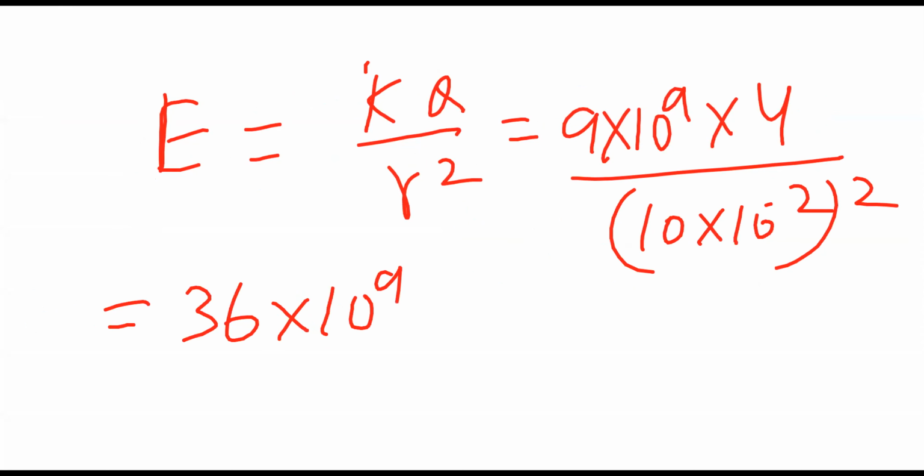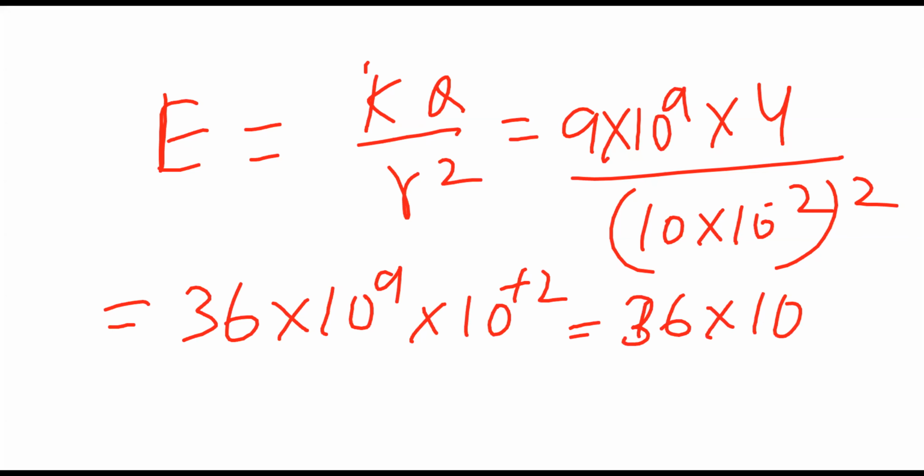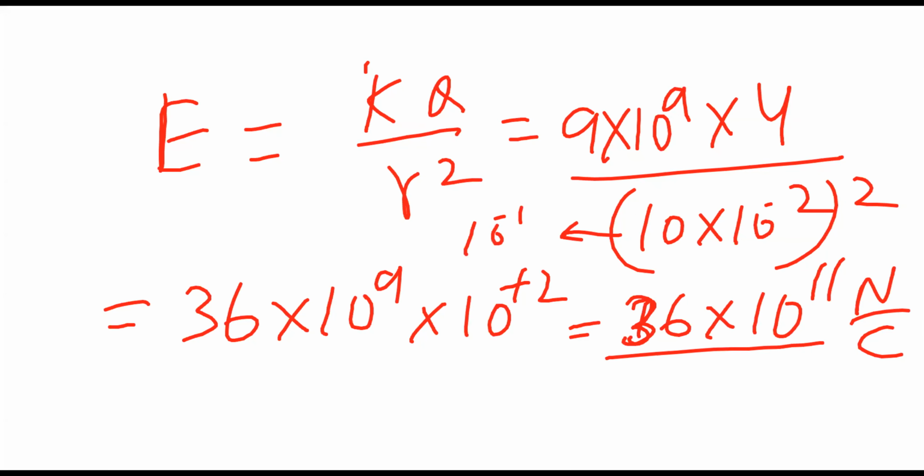This 10 to the power minus 2 goes above and becomes 10 to the power plus 2. So 36 into 10 to the power 11. This is the answer. Because 10 to the power minus 1 squared is minus 2, and when it goes above it becomes plus.